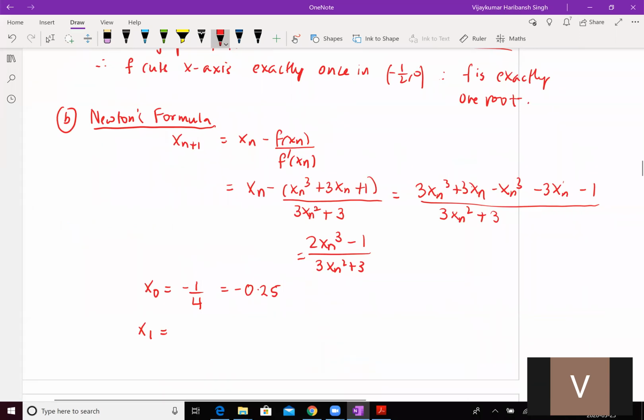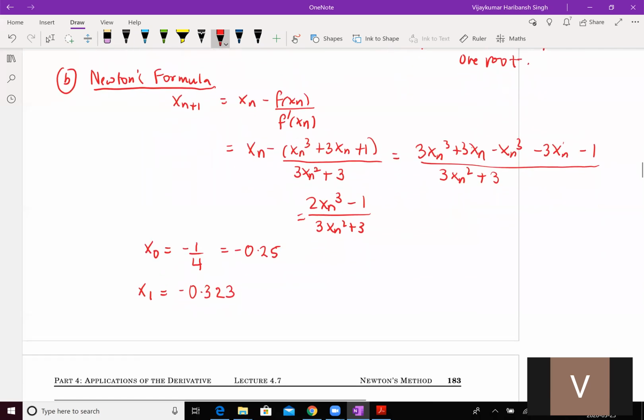So the first iteration I got is minus 0.323, right? Because I'm looking at accuracy up to 2 decimal places, I will just write 3 decimal places.